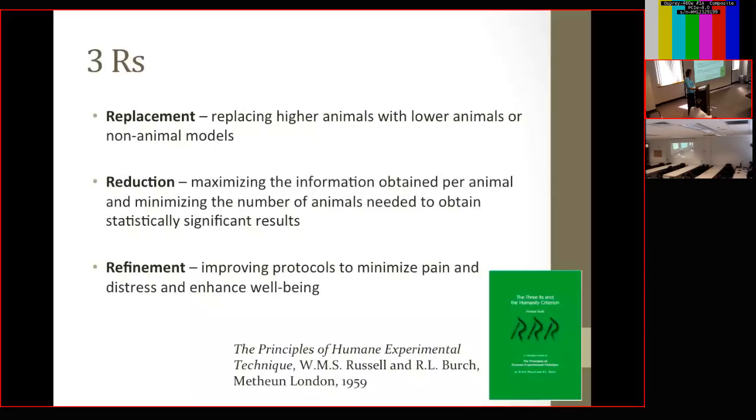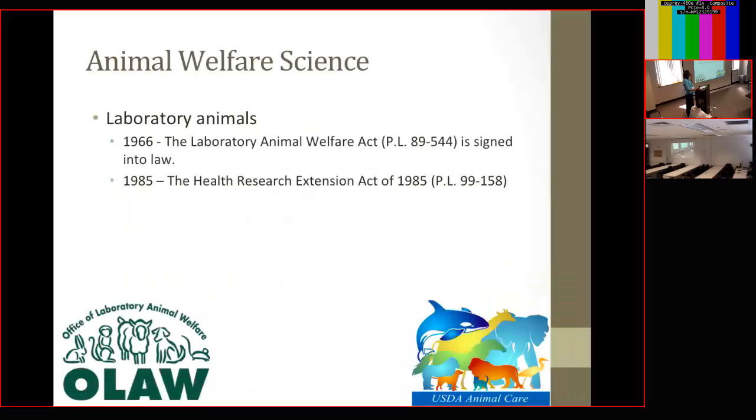So one of those federal regulations is the Animal Welfare Act, which was first signed into law as the Laboratory Animal Welfare Act in 1966. It's enforced by the United States Department of Agriculture, and it's been amended several times to expand protections for laboratory as well as other animals.